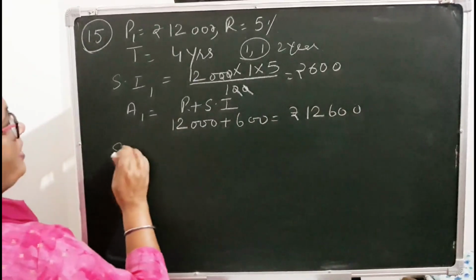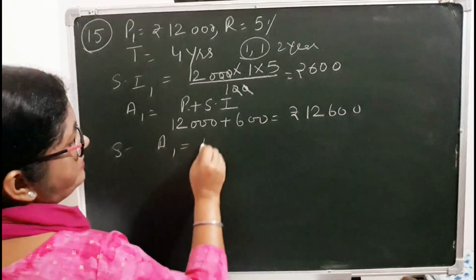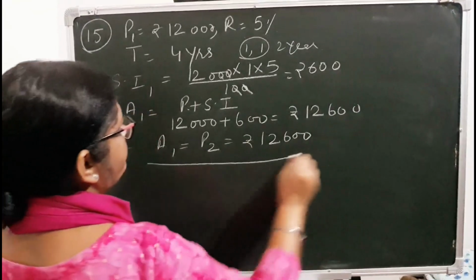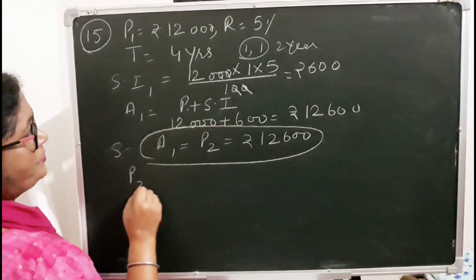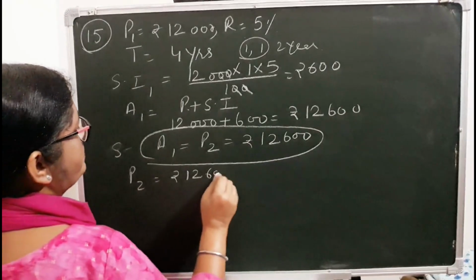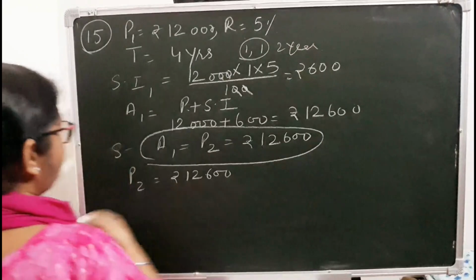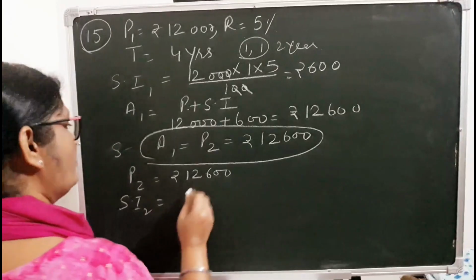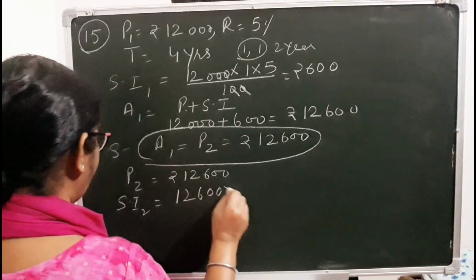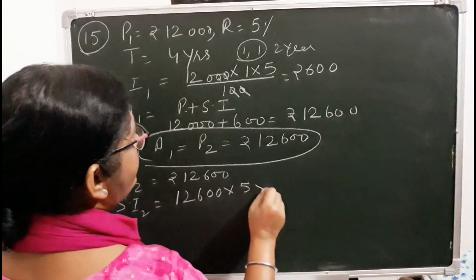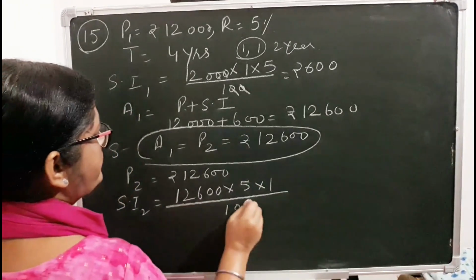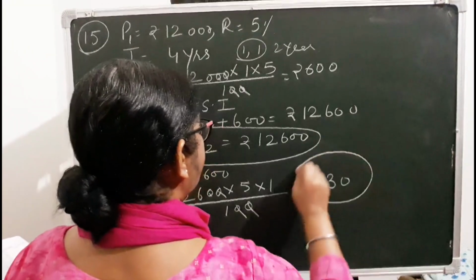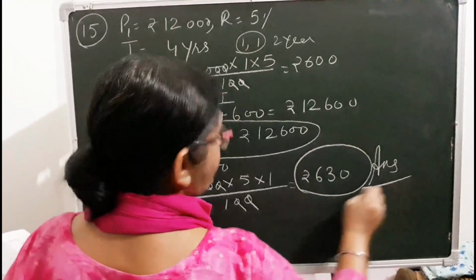And now the amount of the first year is equal to the principal of the second year, 12600. Means P2 is equal to rupees 12600 and rate the same 5%. SI2 is P into R into T over 100 means 630. 630 is the answer.